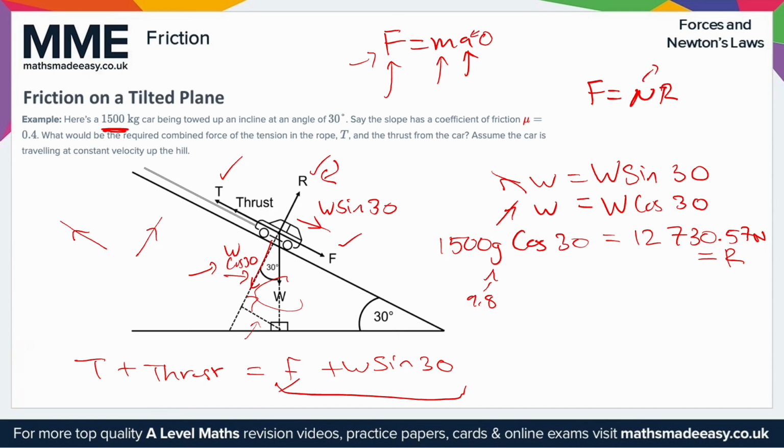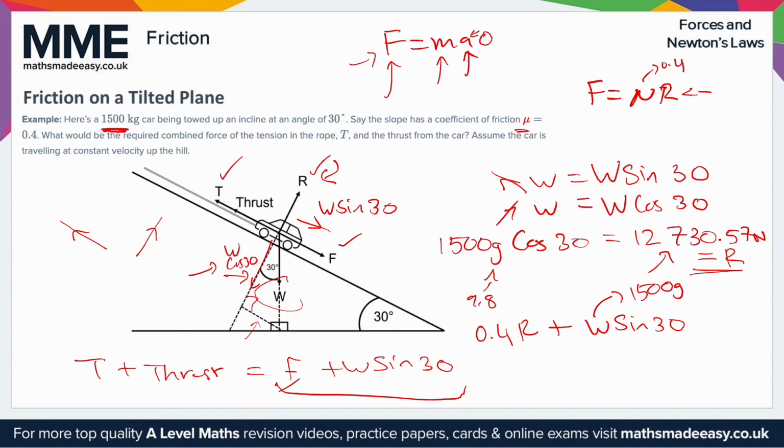This is 0.4. It's told in the question, the coefficient of friction, mu is 0.4. We know that R is this number here. So we can sub everything that we know in here. So we're going to do 0.4 R, again, that number there, plus W sine 30, where W is 1500 G, because that's the weight of the car, not the mass.